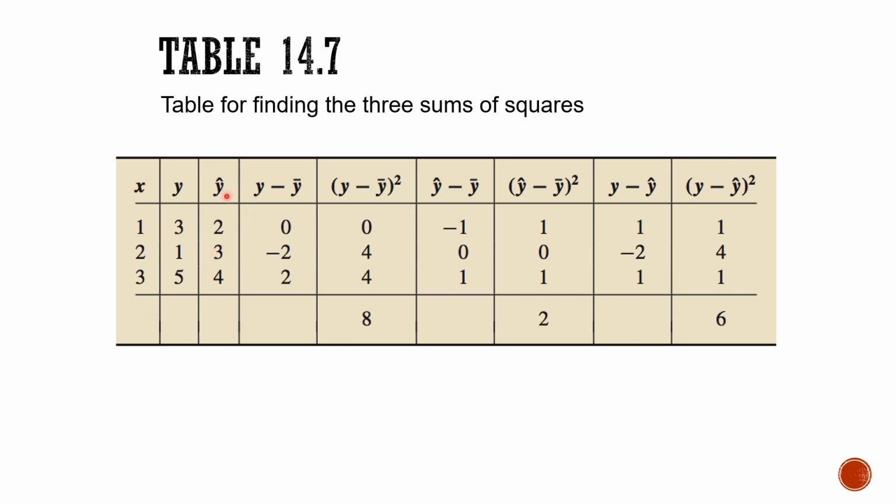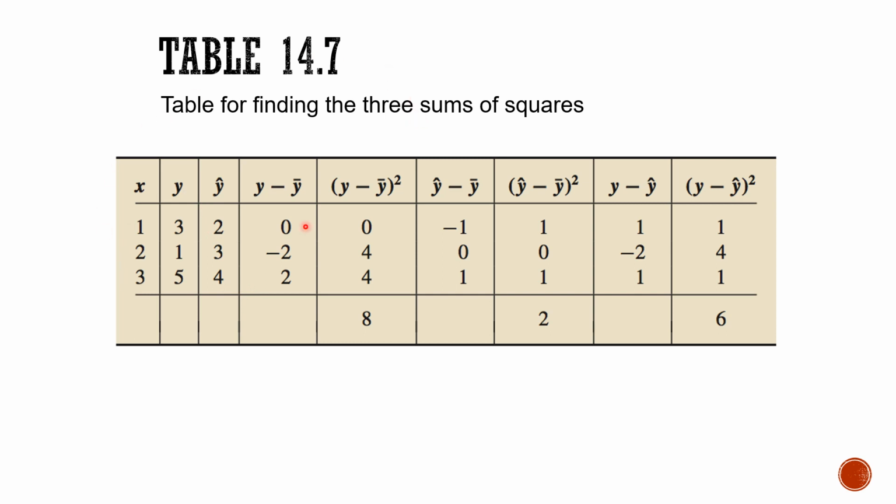And then we have the values for the predicted y values, which came from a certain equation. It was given to us, but it's not on the slide, but there was an equation associated with it, and we got these values for y hat, 2, 3, 4, by plugging in the x values into the equation.